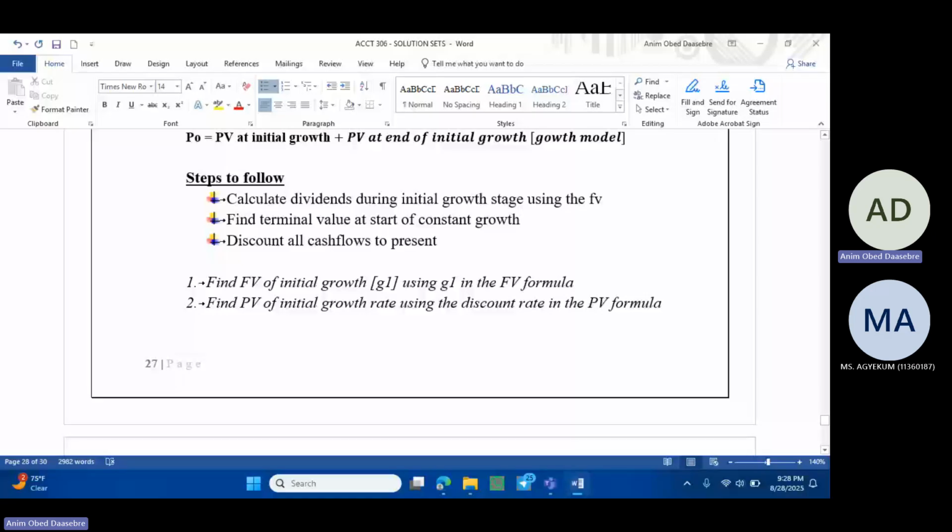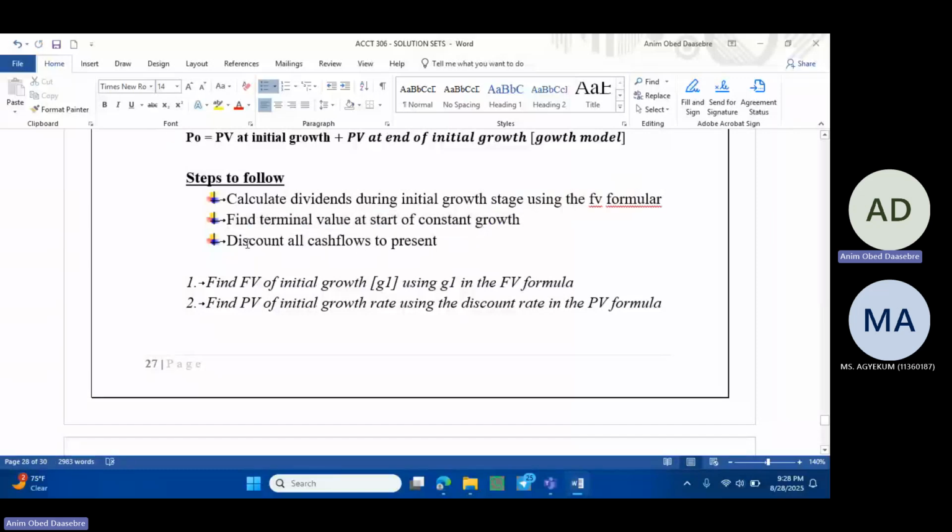Then you find your terminal value at the start of constant growth. There is more to that.